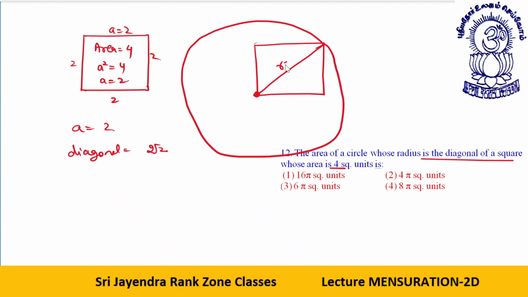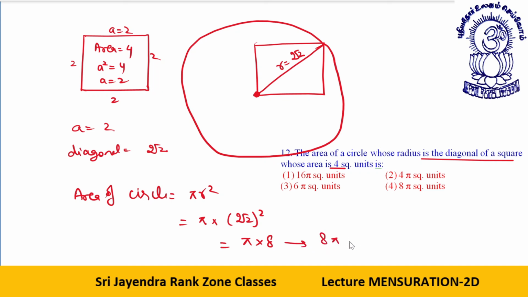Getting it? This is 2 root 2. Now area of circle is pi r square, or pi into 2 root 2 square, that is 8 pi square units. This is the answer.